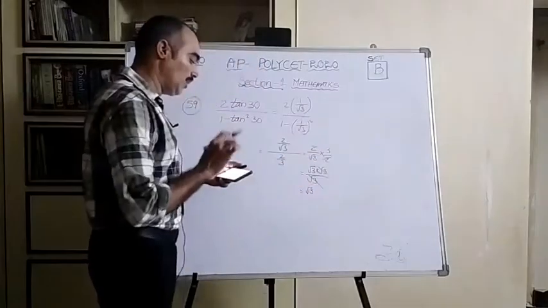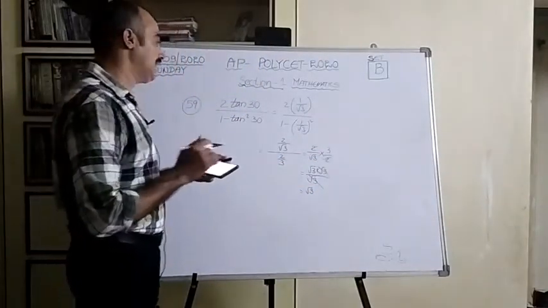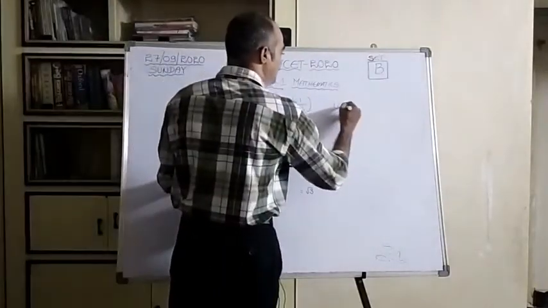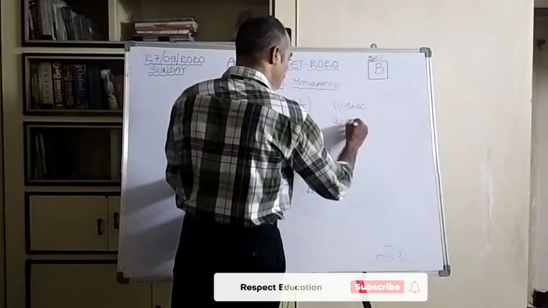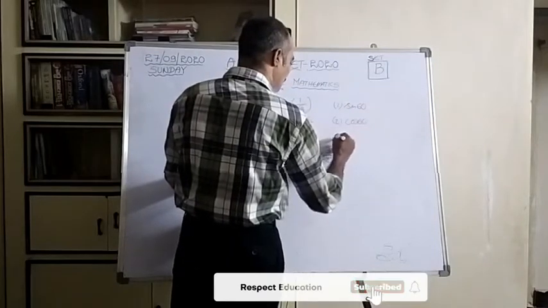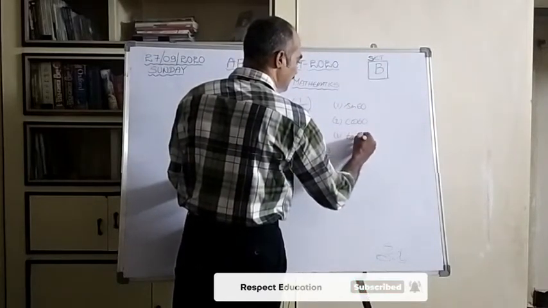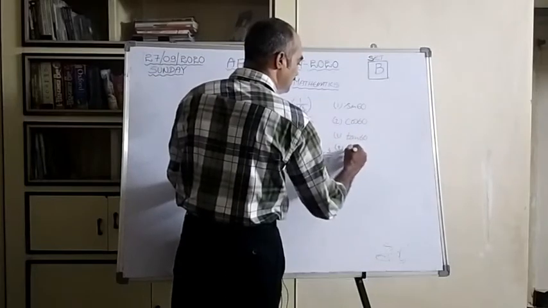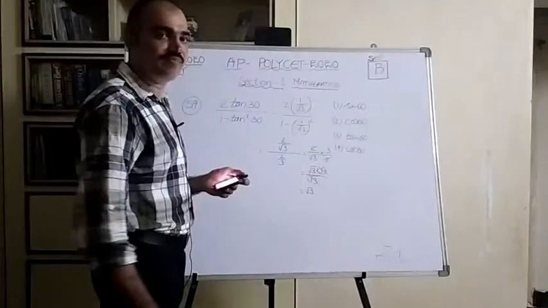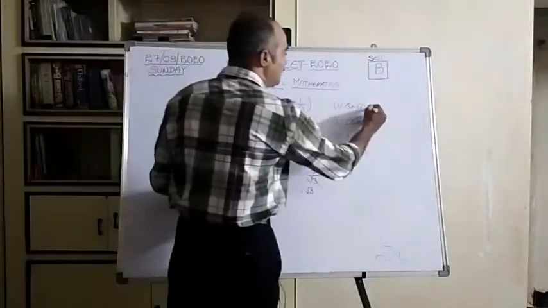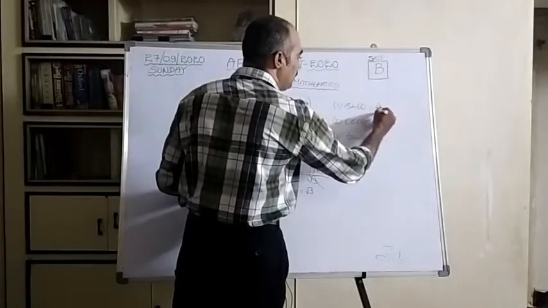But in the options, the first one is sin 60, the second option is cos 60, the third option is tan 60, and the fourth option is cot 60. Now let us see which value is root 3 among them. Sin 60 is root 3 by 2, so this is not the option.